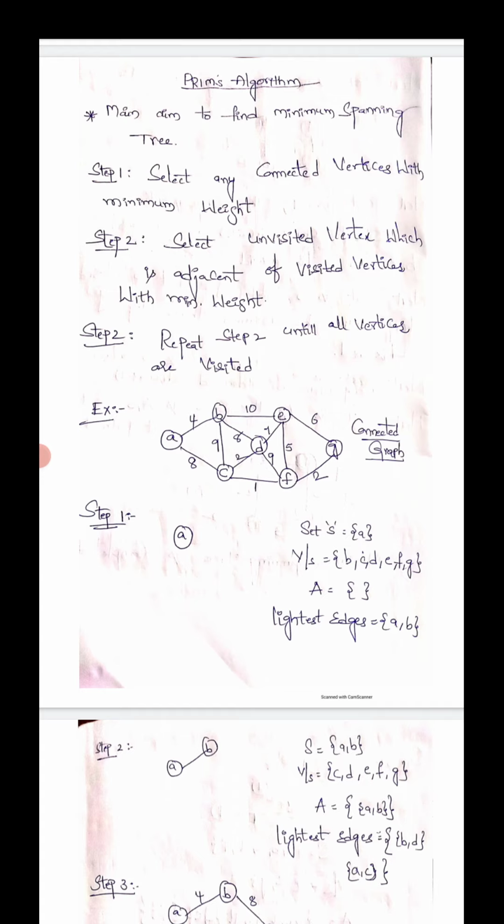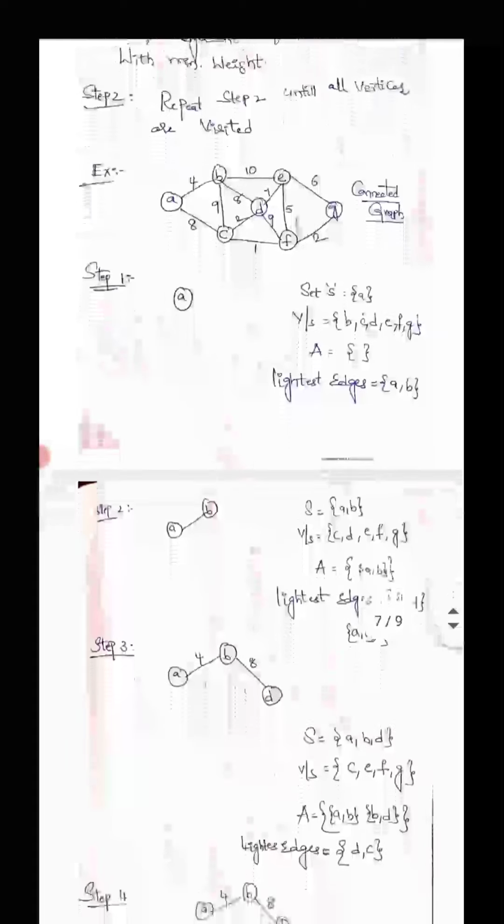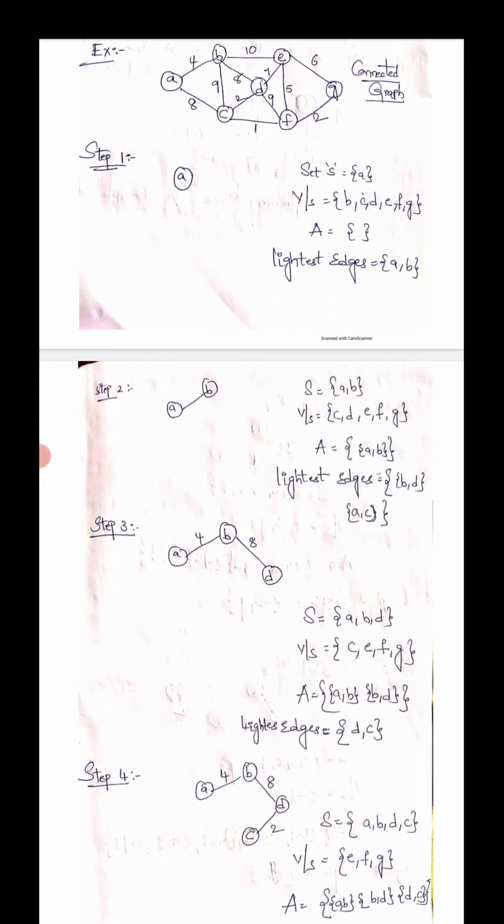So we take A to B. Step 2: A to B, the weight of that edge is 4. Set S is equal to A, B.